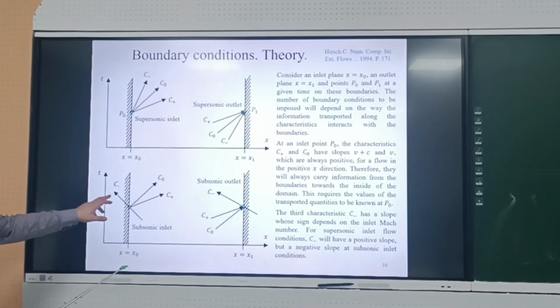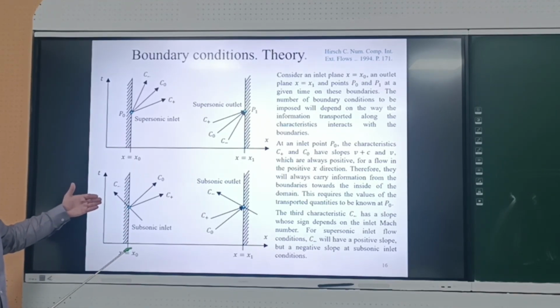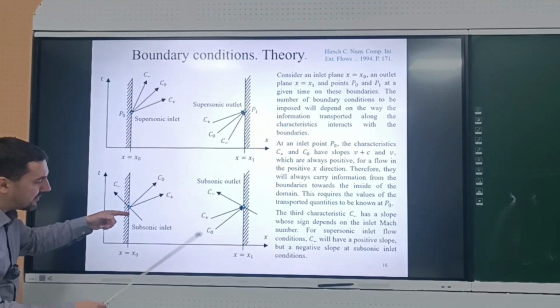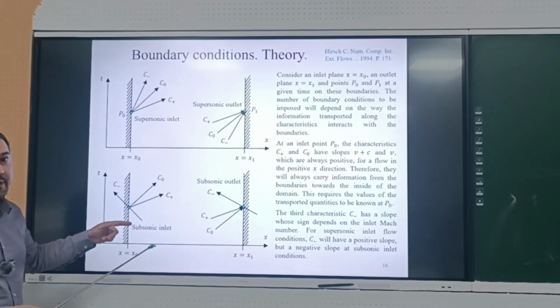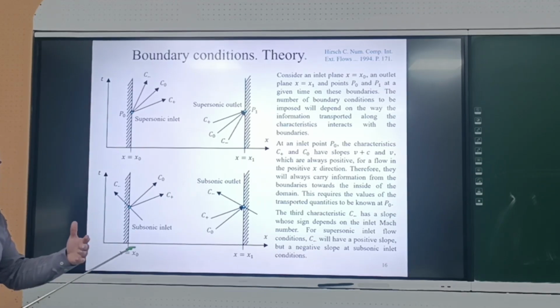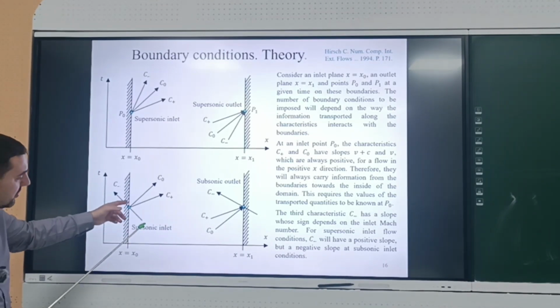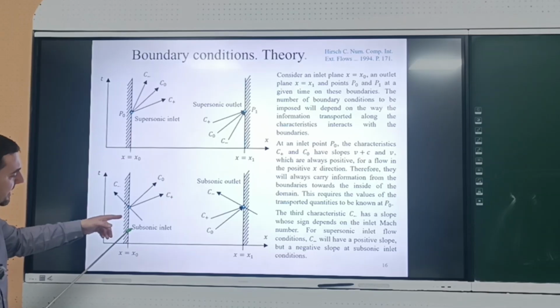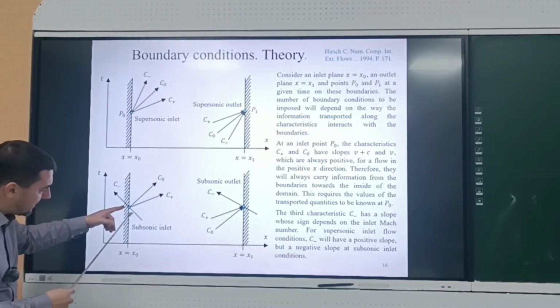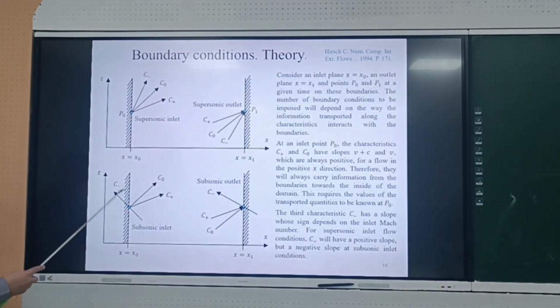For the C minus characteristic you do not impose a boundary condition, because this information comes from the interior of the domain. But it doesn't mean that you should do nothing. It means that you should use a so-called numerical boundary condition. You should treat the situation and analyze the propagation of the V minus Riemann invariant along this C minus characteristic.